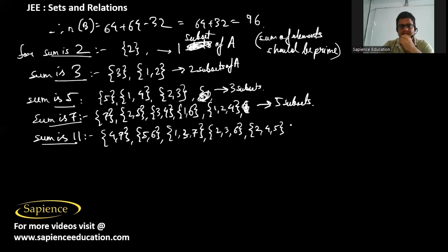And then 1, 4, and 6 also we can take. Then 3, 3, 5 and so on, but we have already taken that. So here we can have 1, 2, 3, 4, 5, 6 subsets.